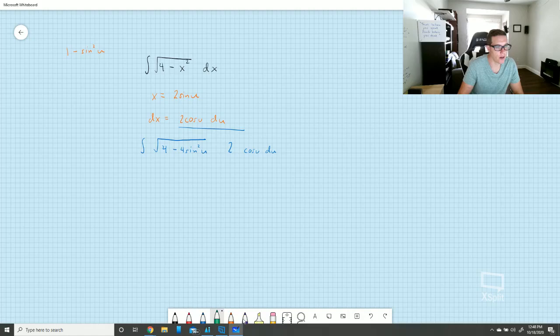Now I can factor out a 4, and then I can take the square root of the 4, which is 2. And then I'm going to take both these 2's and put it out front. And I am left with the square root of 1 minus sine squared u cosine u du.